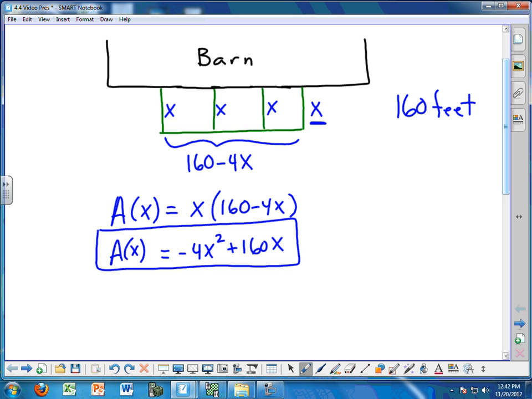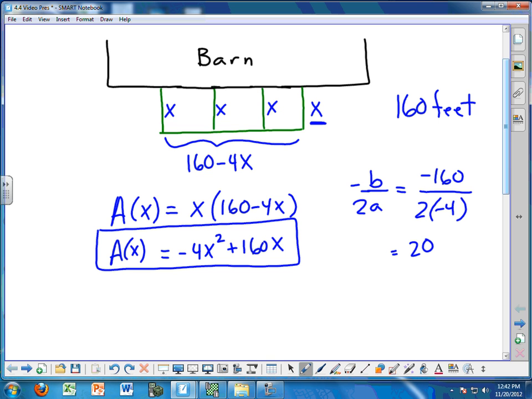Well, if you work it out using negative b over 2a, you end up with an intriguing answer. For example, here you end up with negative 160 using the b from the function, and then 2 times the a value, which is negative 4. The negatives cancel here, and we're left with just 20 for the x value.